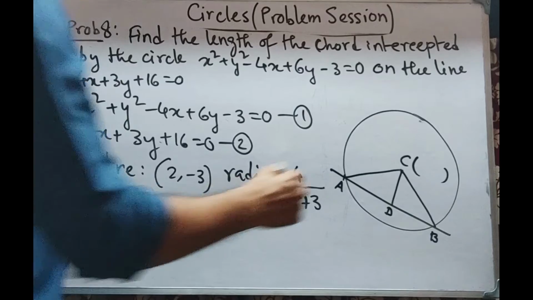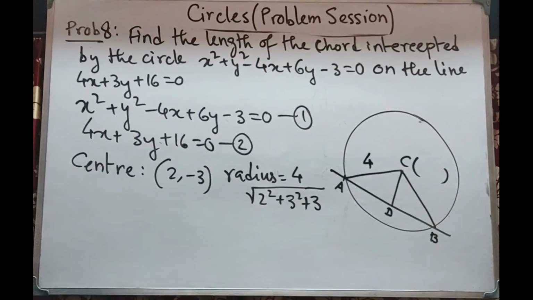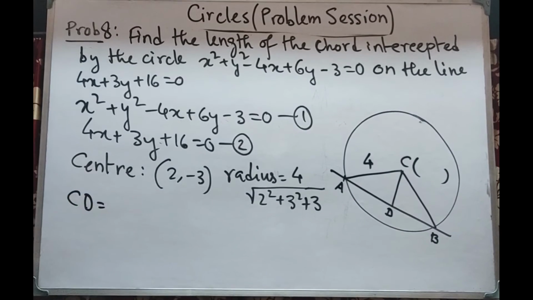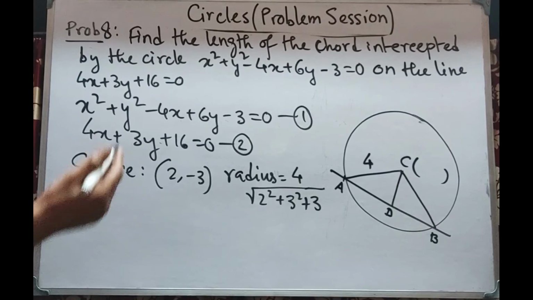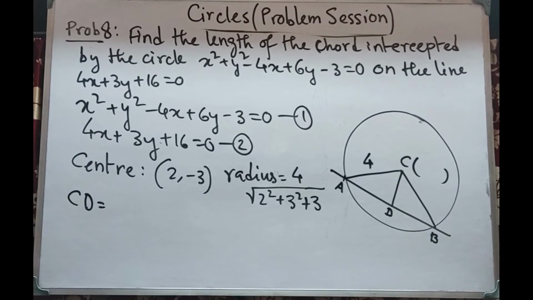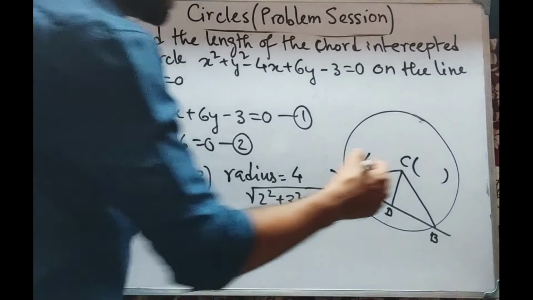So if AC is 4, we need to find the value of CD. So clearly CD is, since we have the equation here, the perpendicular distance on the straight line from the point (2, minus 3).